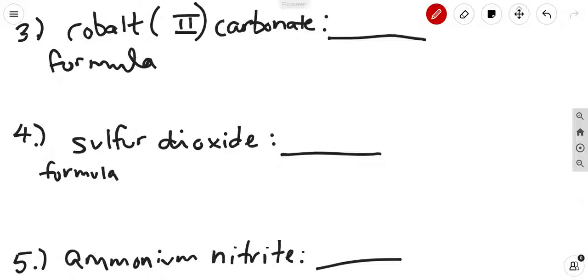Number 3, did you choose ionic or covalent? Well, we have cobalt. Ding, ding, ding. That is a clue right there. Cobalt 2, carbonate. All right, we got 2 clues in this one. We have Roman numerals and we have an ate. So therefore, it must be ionic.